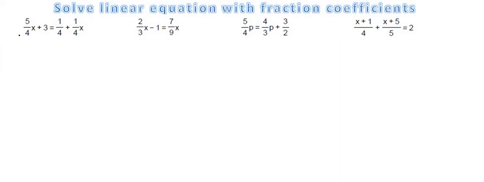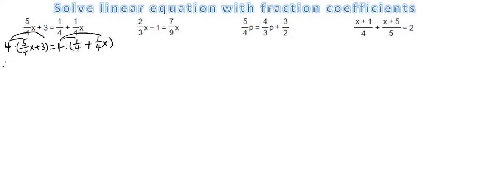So 4 times (5 over 4 x plus 3) equals 4 times (1 over 4 plus 1/4 x). Then we're gonna use distribution.